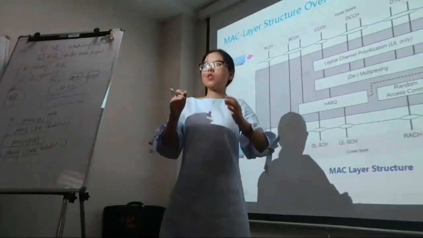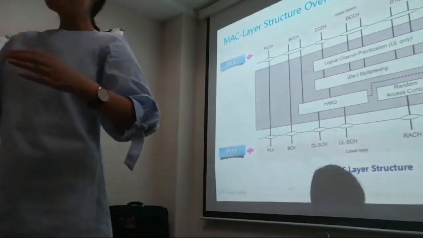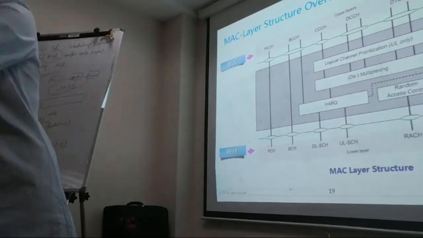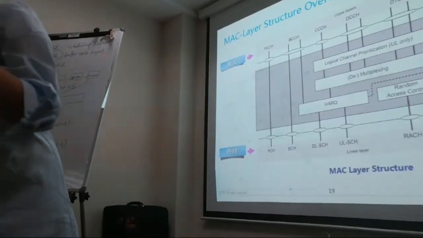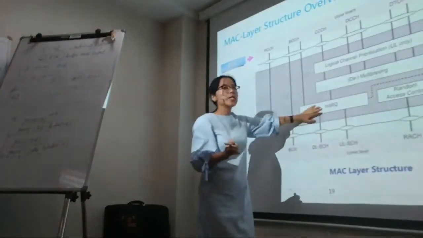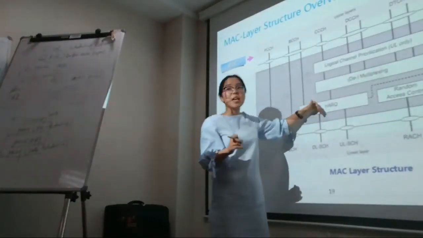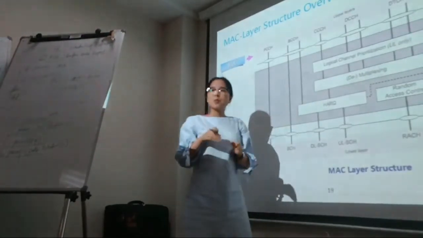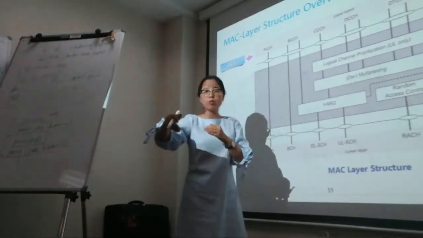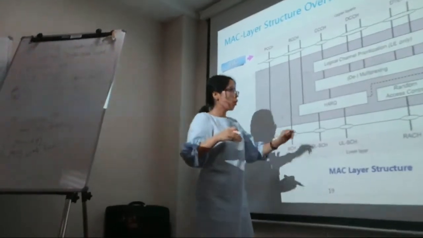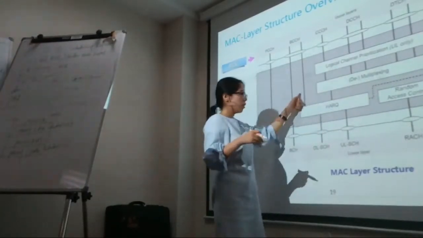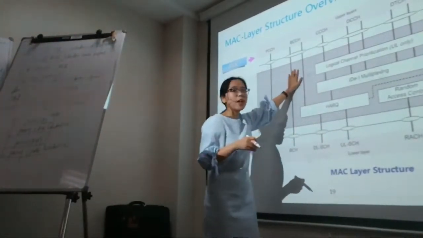But we know the HARQ procedure is that when I transmit data, the other side will give me feedback. But here, this HARQ is a special HARQ, because for the BCH, for the MIB, it's broadcast to all the users. I don't need the UE to give me feedback. So it's not the real HARQ procedure. Now this is the BCCH.